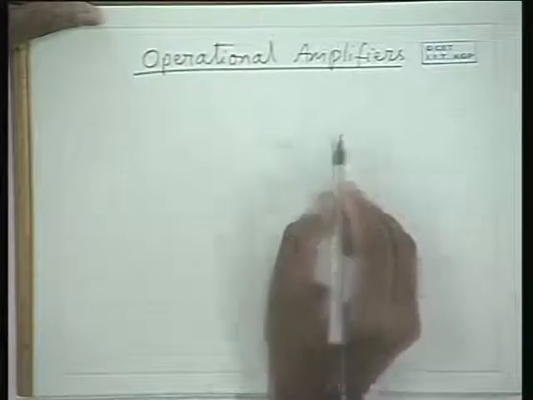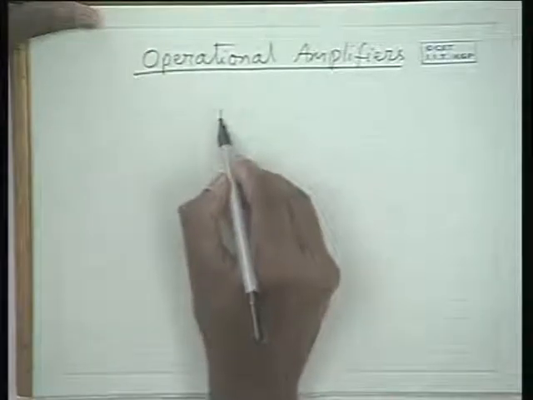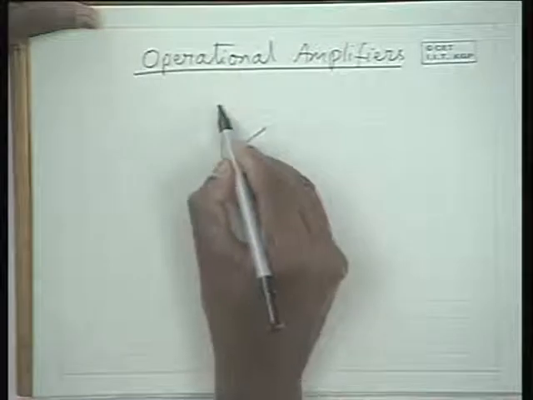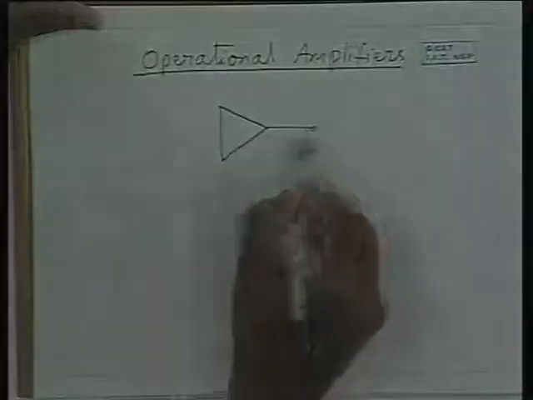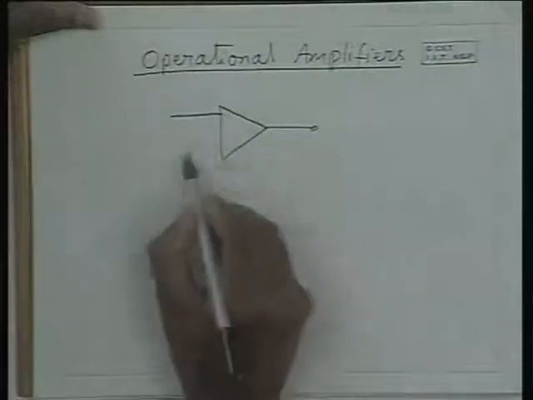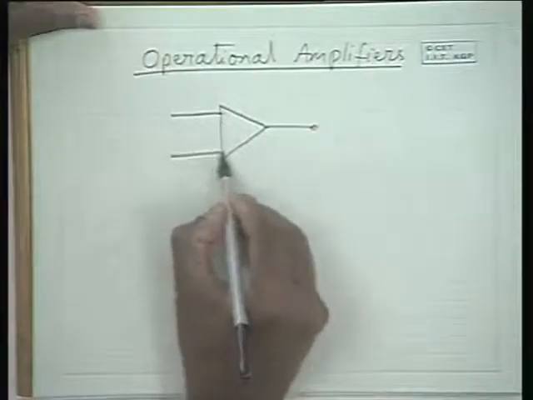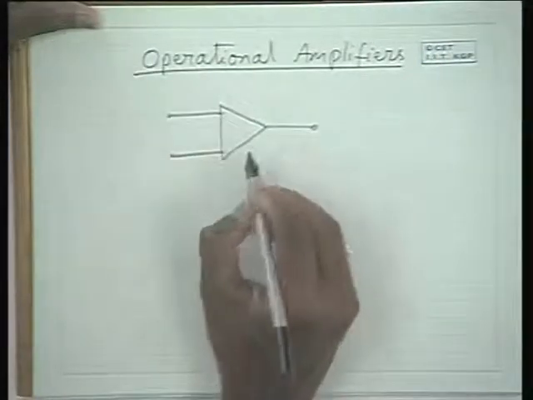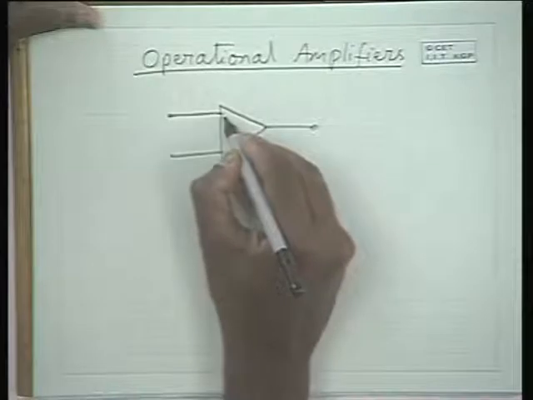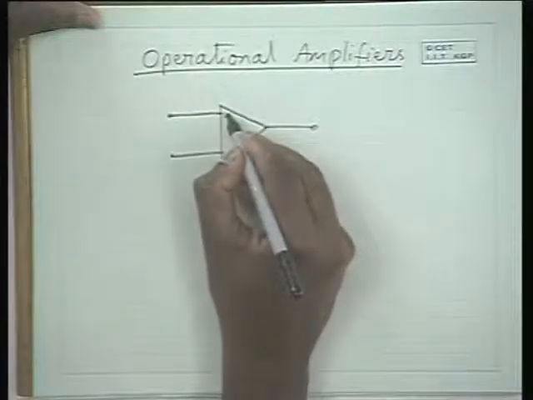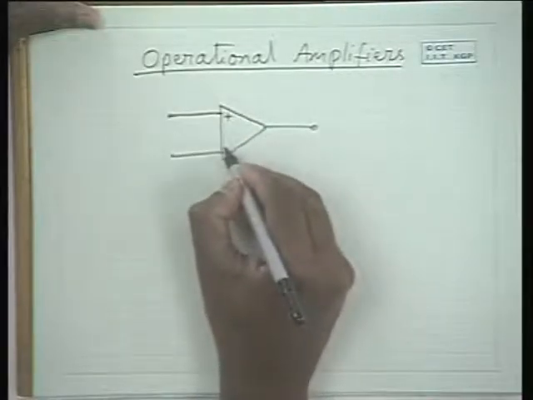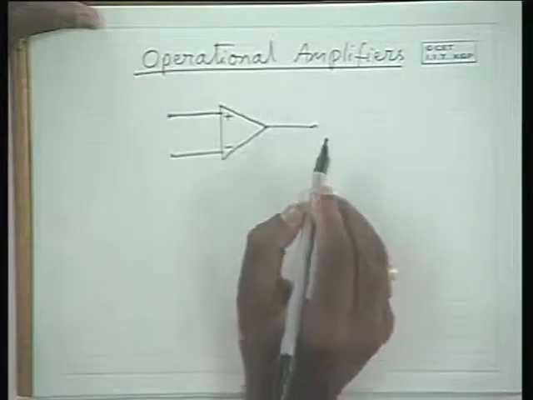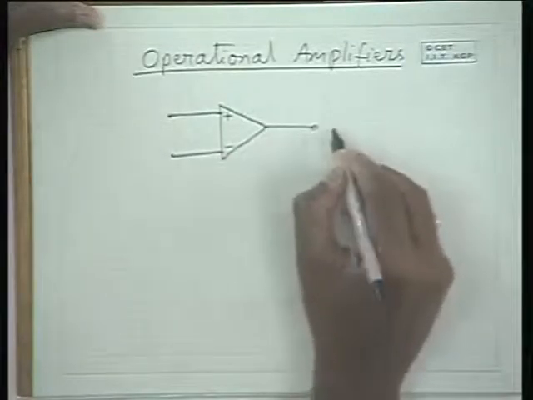An operational amplifier is basically a difference amplifier with a single output, and the symbol for an operational amplifier is as given here. This is a non-inverting input and this is an inverting input, and you have one output terminal here.